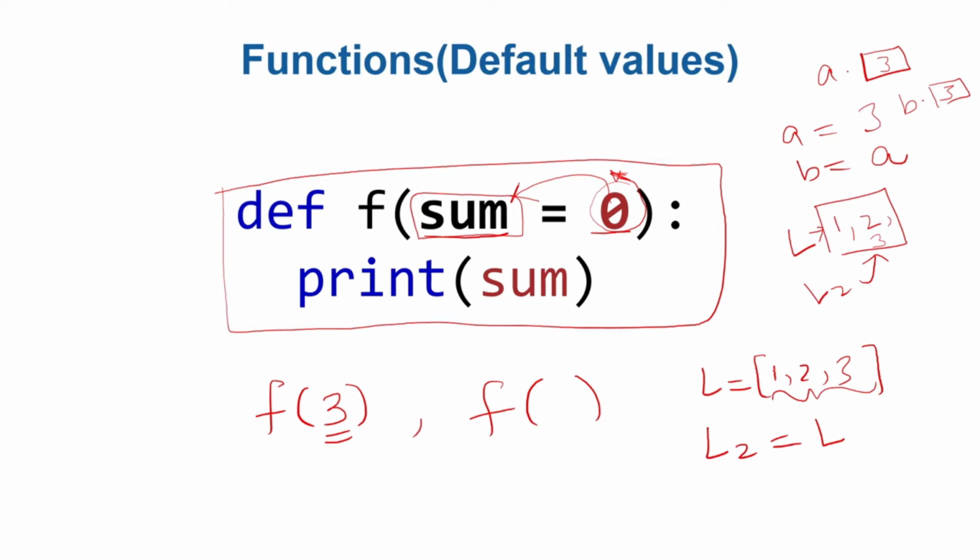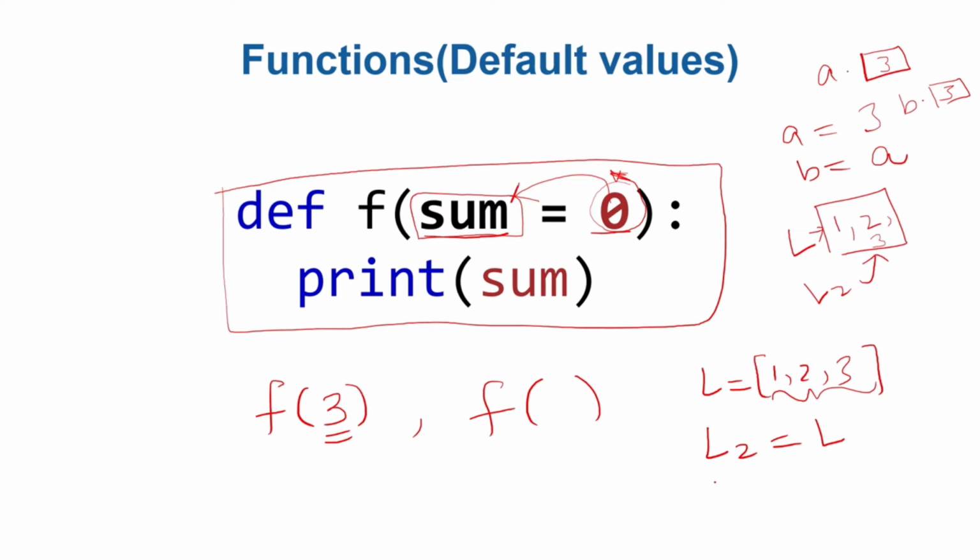But there are certain variables where, for memory efficiency, code efficiency and time, people have designed these data structures in a way that when you just assign a variable to another variable, the memory view doesn't change. It's another name for the same memory location.